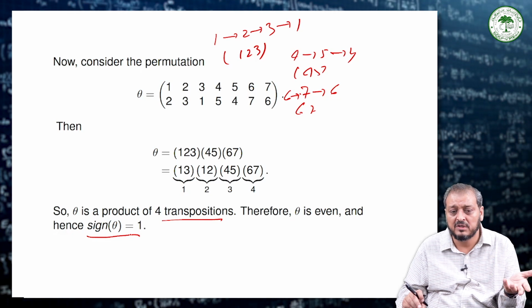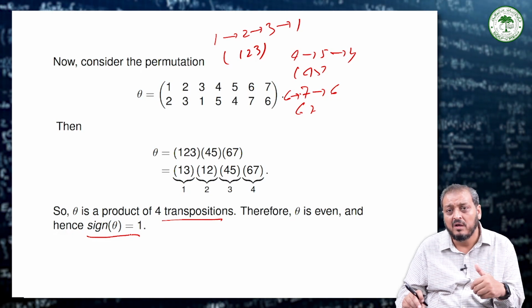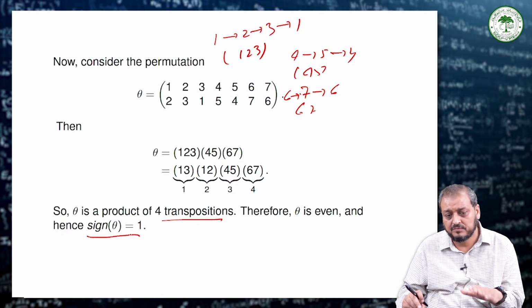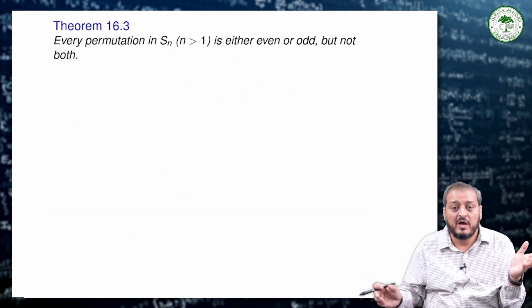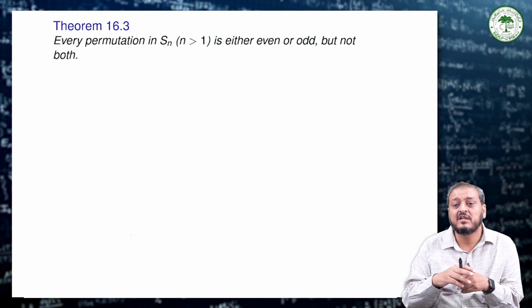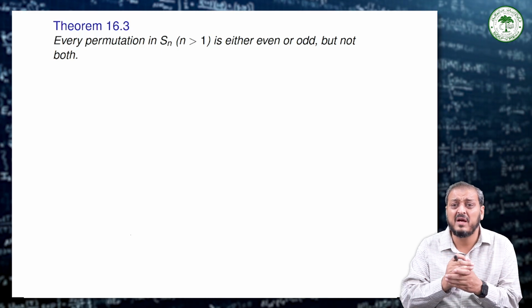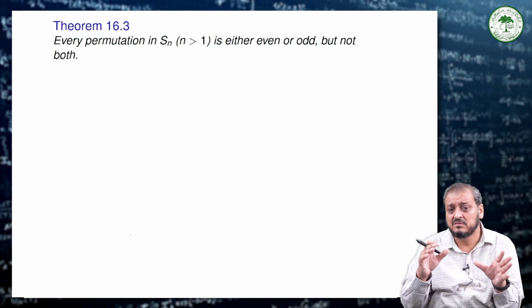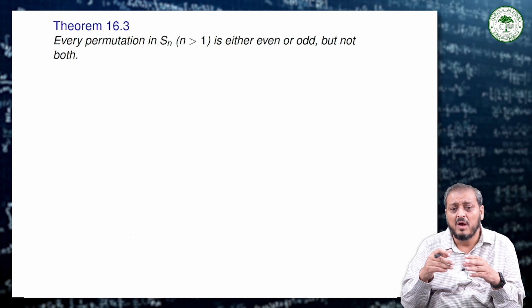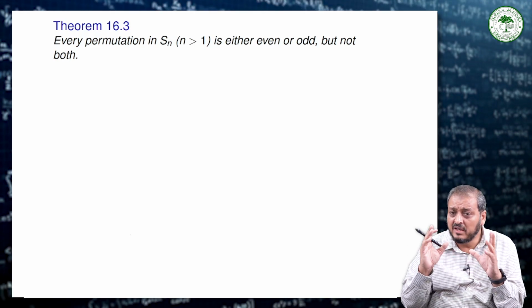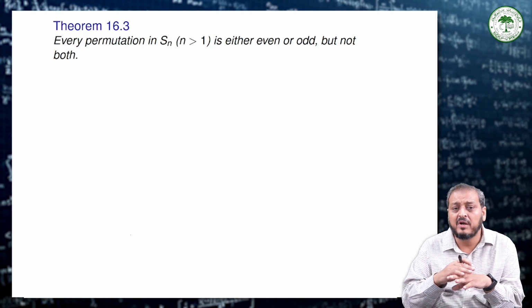Accordingly, if the transposition count is even, the signature is equal to 1; if odd, the signature is equal to -1. So every permutation in Sn, a finite group where n is strictly greater than 1, is either even or odd, but not both.